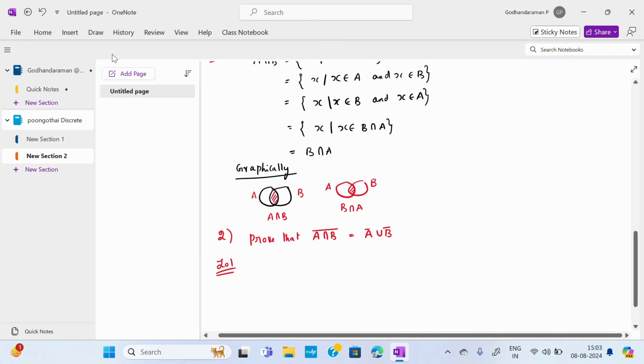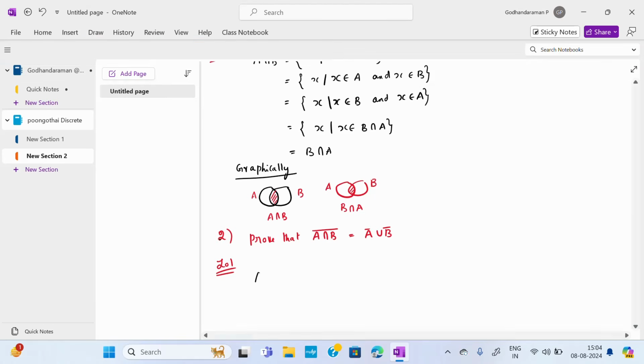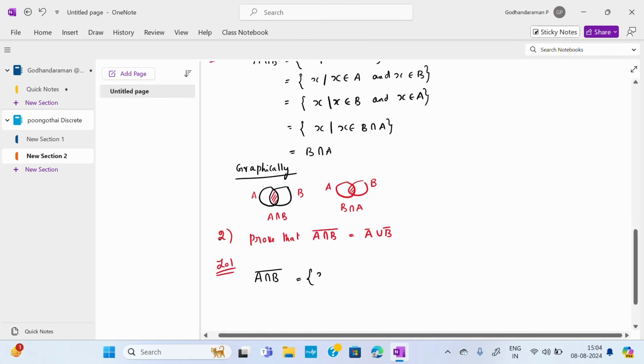If we prove, take only the left hand side. So first I will take the left hand side, A intersection B, the whole bar. First I will write it in set definition. Set of all x, x does not belong, this bar means does not, to A intersection B.